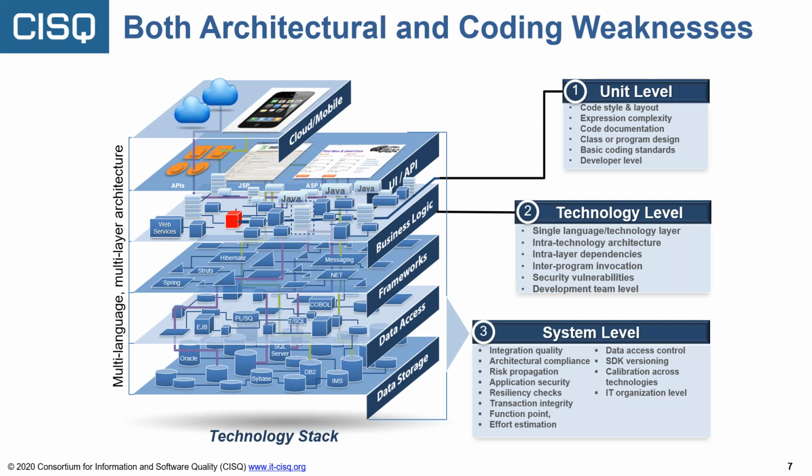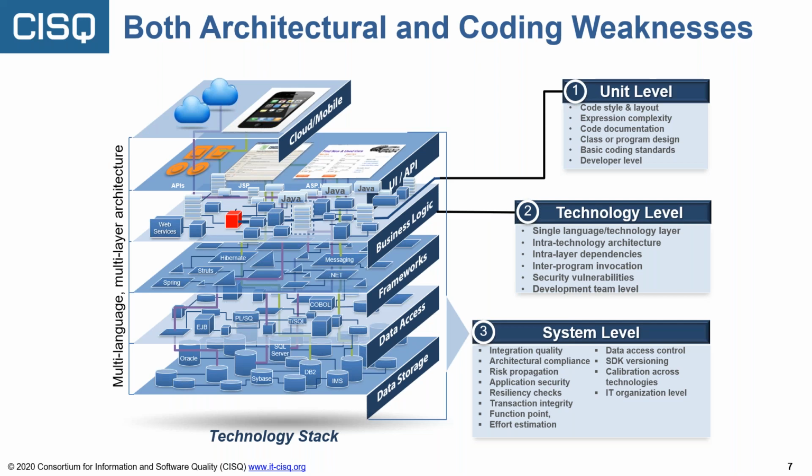So the most devastating weaknesses often involve multiple layers, multiple components spread across the application, and those are the hardest to detect. They take up almost half the maintenance effort, even though they rarely account for more than 10% of the weaknesses, and they account for a large proportion of the outages in the system.